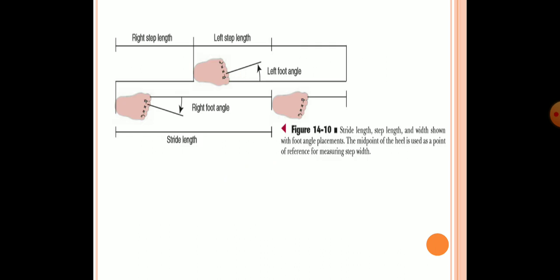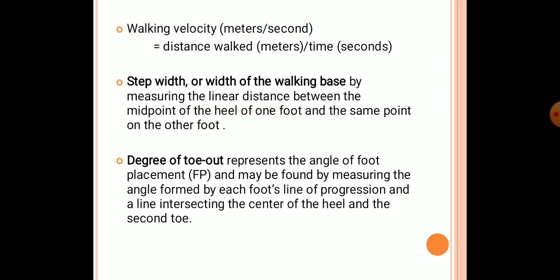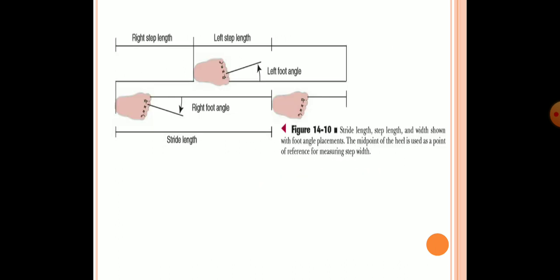It's basically an angle formed between the line of progression, this is the line of progression, and a line which is intersecting the heel and the second toe. So this is the angle of toe.